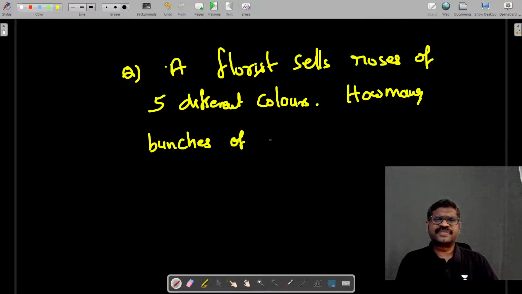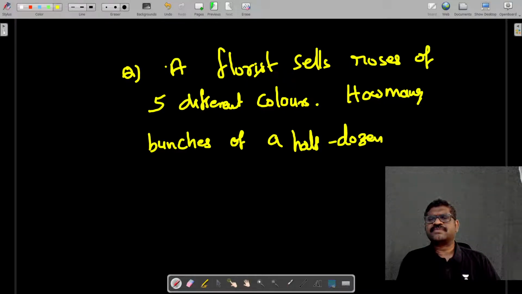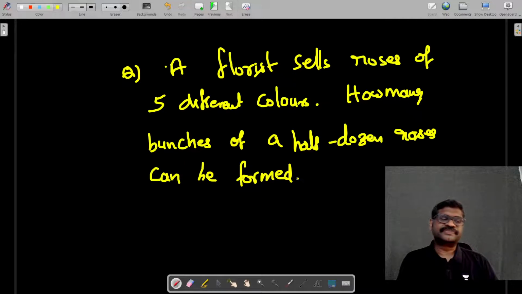How many bunches of half a dozen roses can be formed?